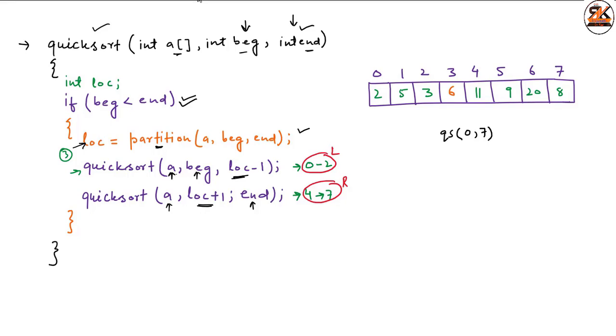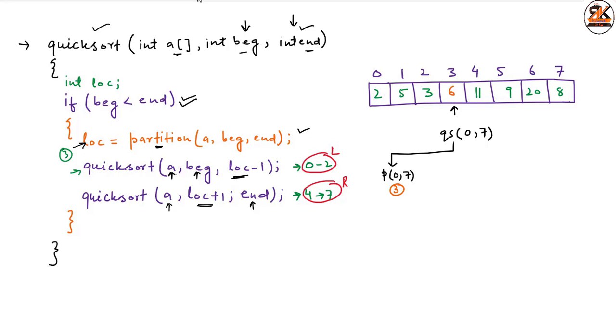We have 8 elements, and after the first iteration, when we call the function, this partition function is called from 0 to 7, and this function returns the value 3, the index 3, as shown above.